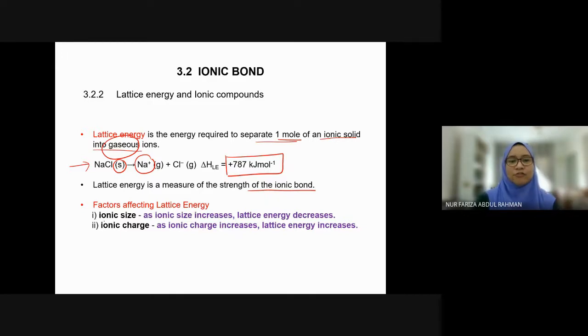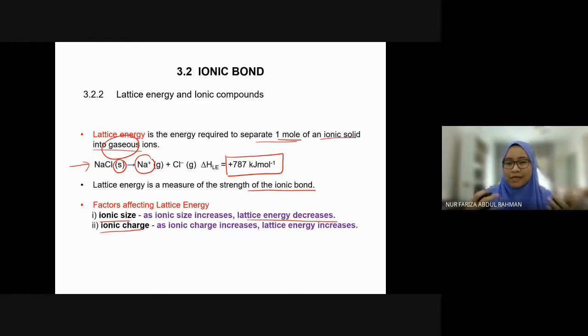So there are two factors that can affect the lattice energy: ionic size and ionic charge. As ionic size increases, that means lattice energy decreases. This is the same as what we have learned in topic 2 last time. When the size increases, the attraction become weaker.